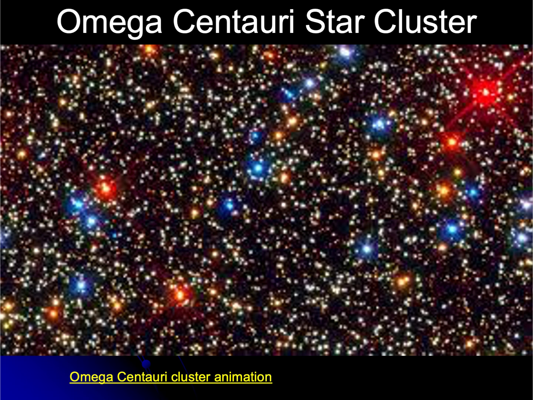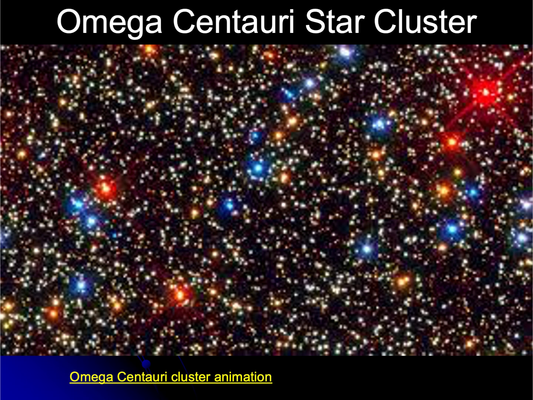Here is that Omega Centauri cluster again. Since these stars are all part of the same cluster, they are all relatively the same distance from Earth. Notice not only the variety of colors, but also the differences in size and brightness that you can see, just from this one image.